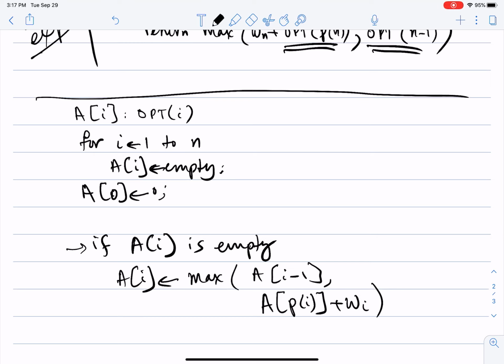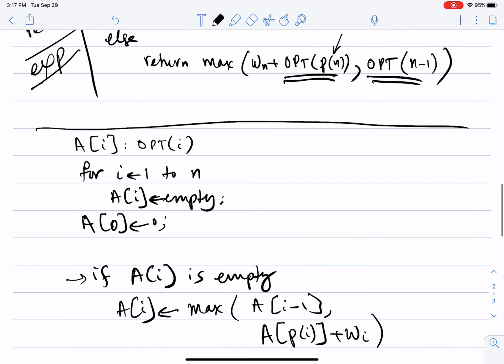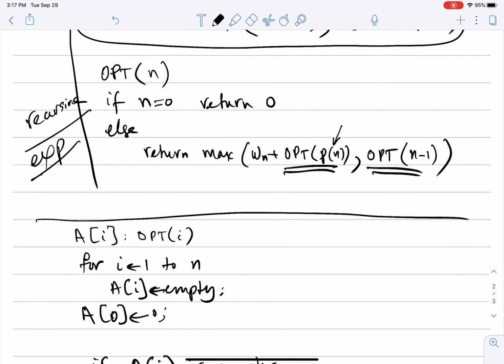So I want you to think about this carefully here. Not every recursive implementation is bad, okay? This is why I kept repeating that the recursive implementation, the way I showed, is bad, okay? This recursive implementation here, opt of n minus 1 and opt of P of n, this is problematic.